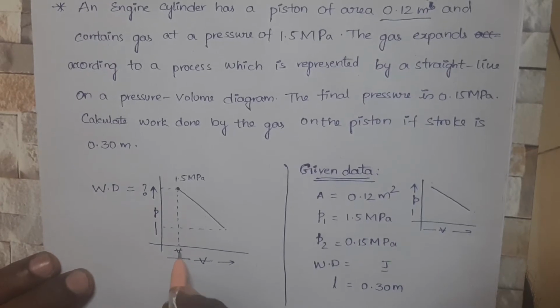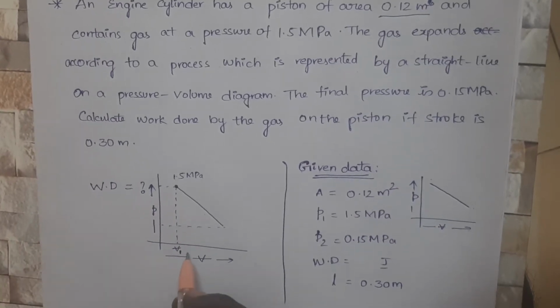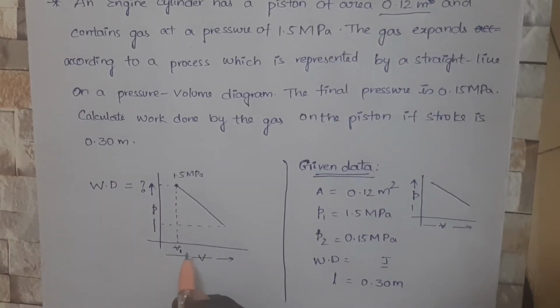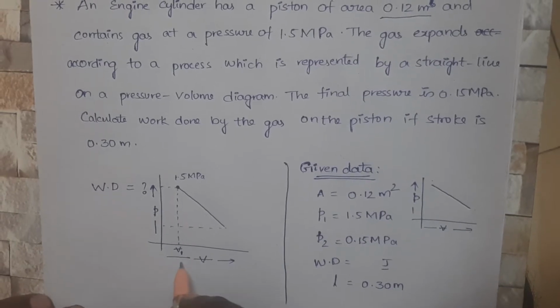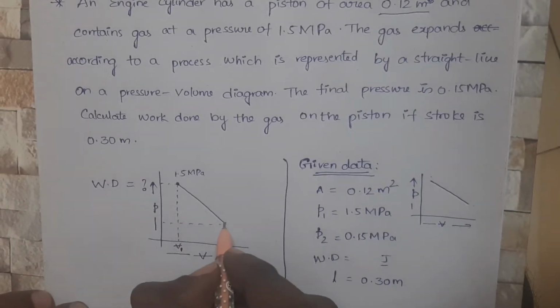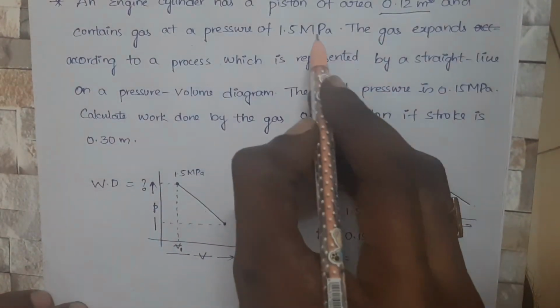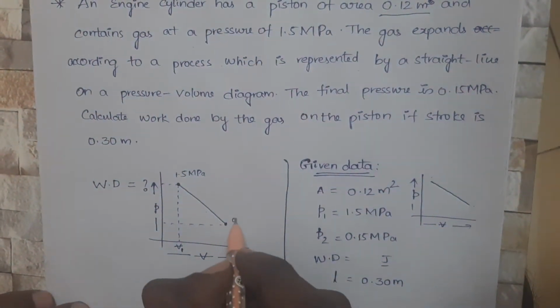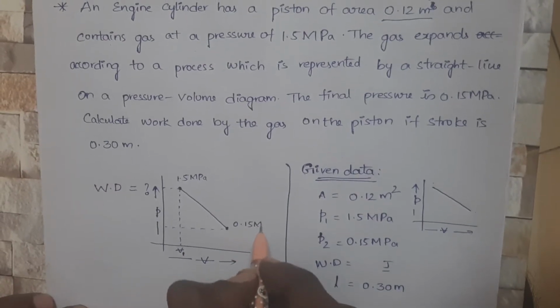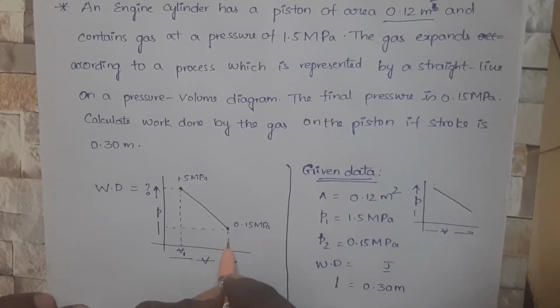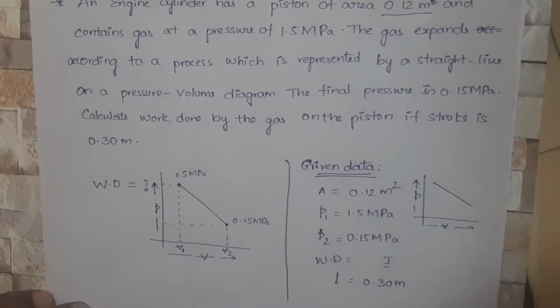If we drop a vertical from it, we'll get V1. Similarly, if this is P2, which is lower than P1, 0.15 megapascals, this will be V2.